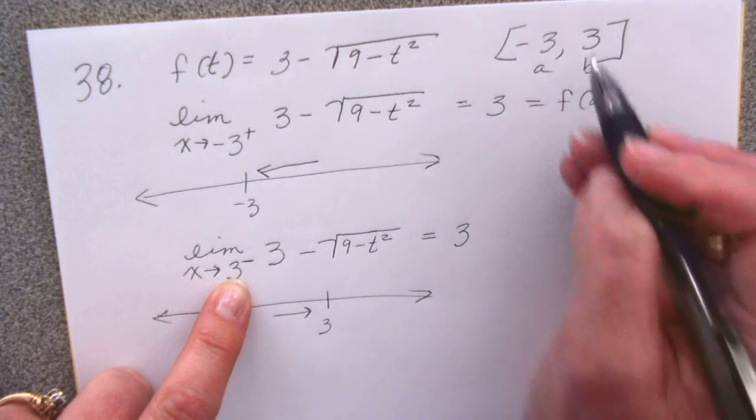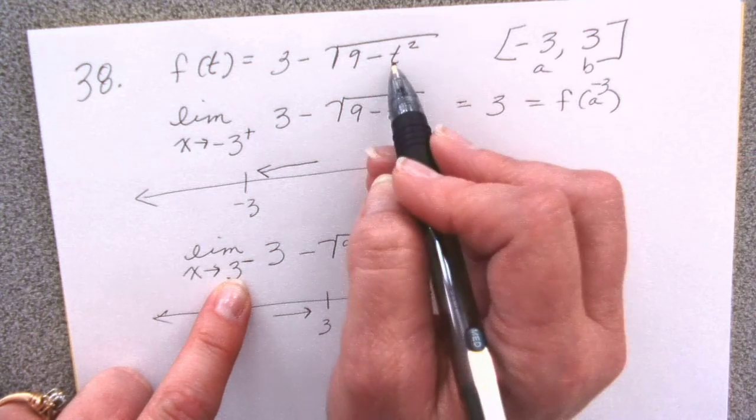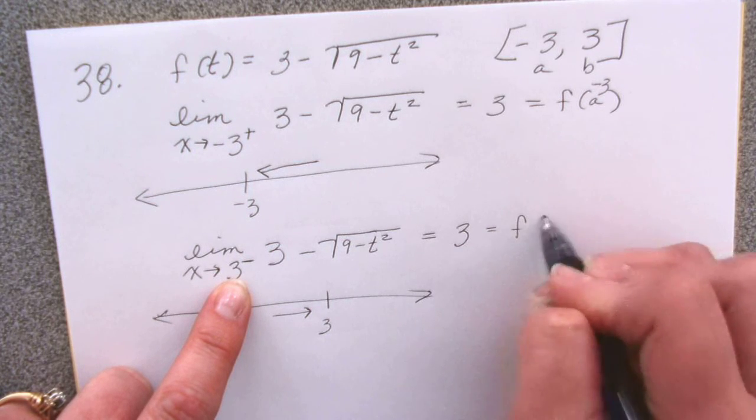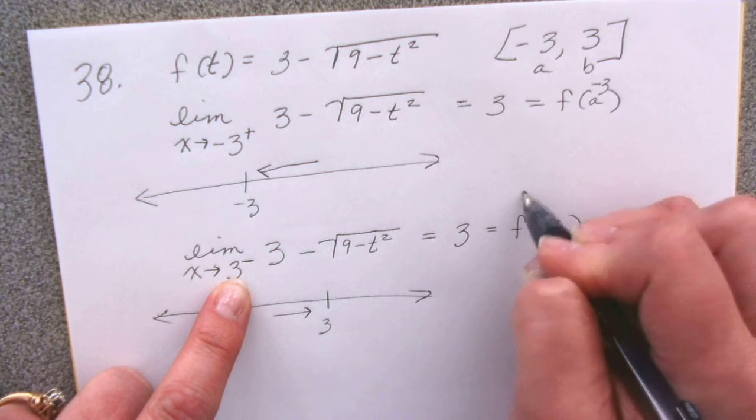So if I take +3 and plug it into the function, what do I get? Which is f of b, right?